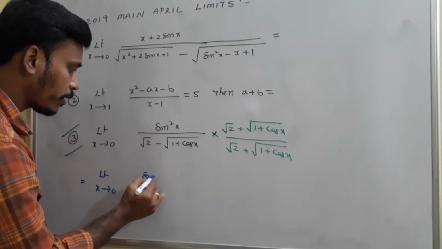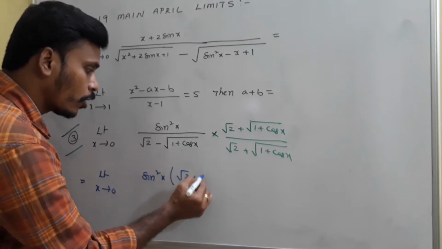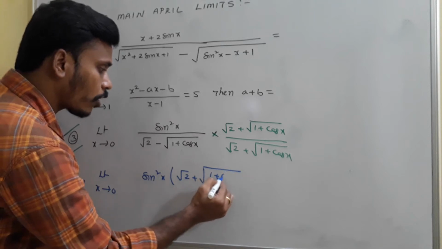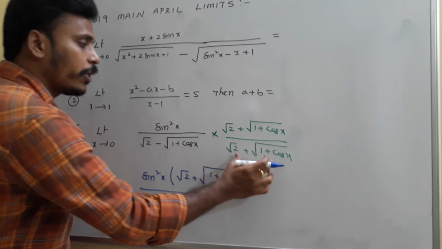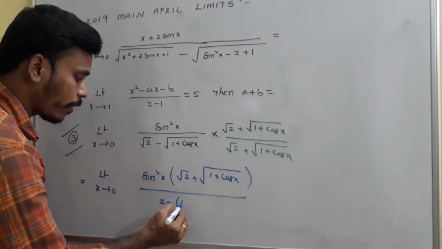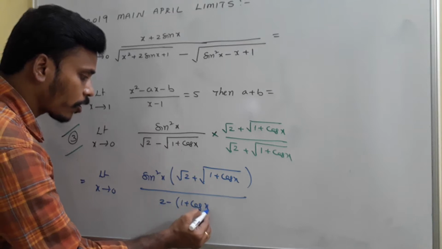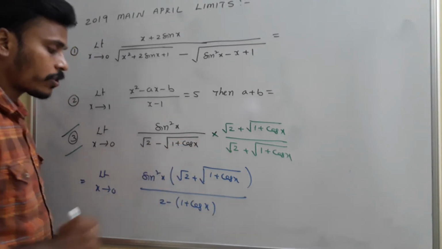The numerator is simply sin²x into (root 2 plus root of 1 plus cos x) divided by, so (a − b) into (a + b) is simply a² − b². So root 2 square is 2 minus (1 plus cos x).